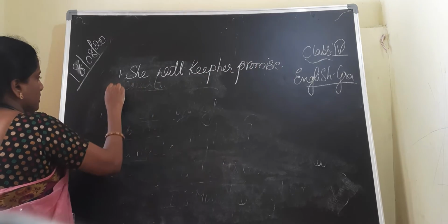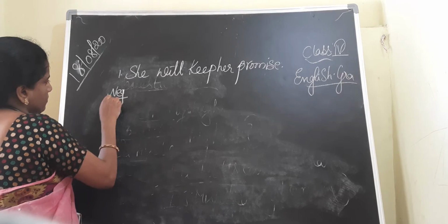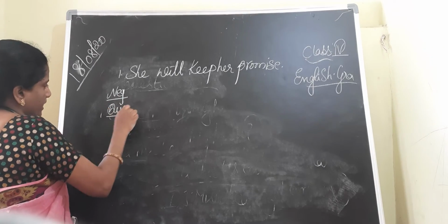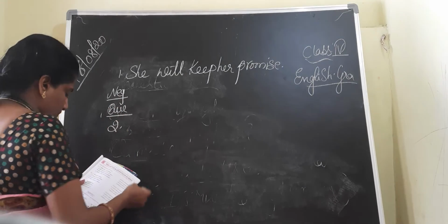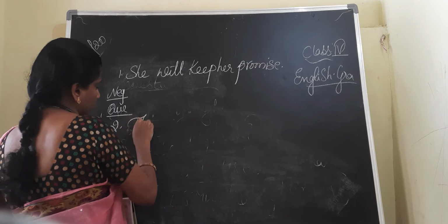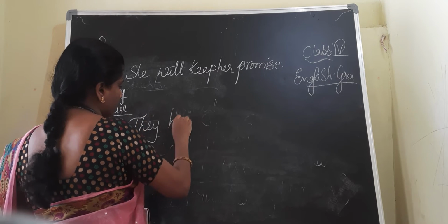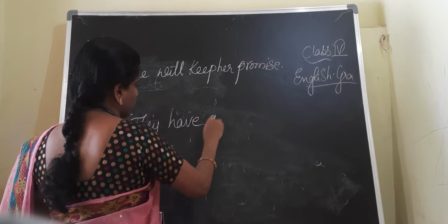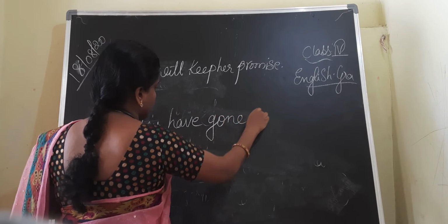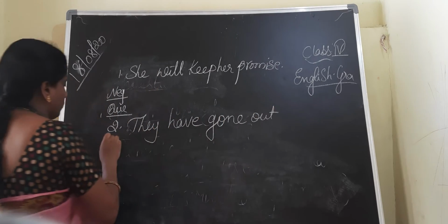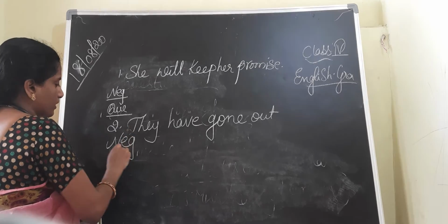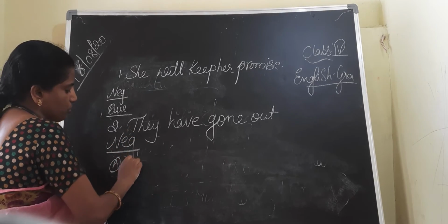You have to write the negative as well as the question form. Then one more statement: they have gone out. This is another statement, children. One form you have to write the negative, and one form you have to write the question form.